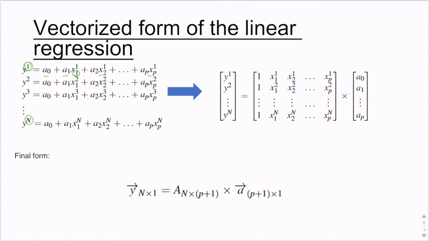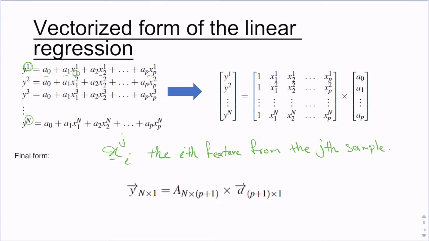When we say x_i^j, you should know that this is the x, the ith feature from the jth sample.